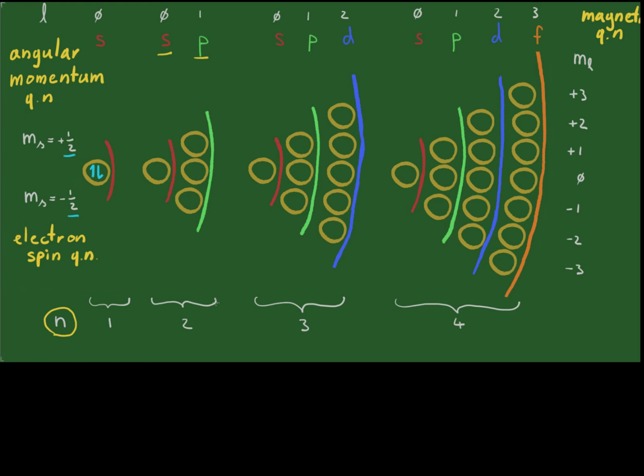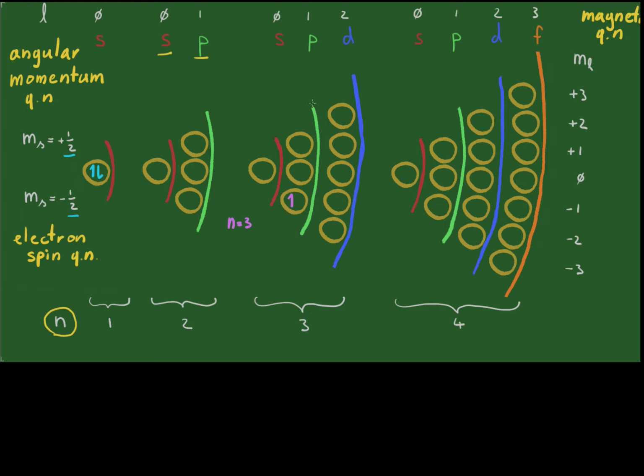Now, these quantum numbers together, the whole set, can be seen as a postcode for each electron. No 2 electrons can have the same postcode, or the same set of quantum numbers. So, for example, if we look at this electron here, what is its quantum address? Well, n is 3, so that is its principal quantum number.